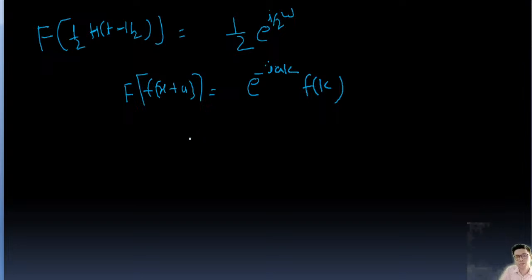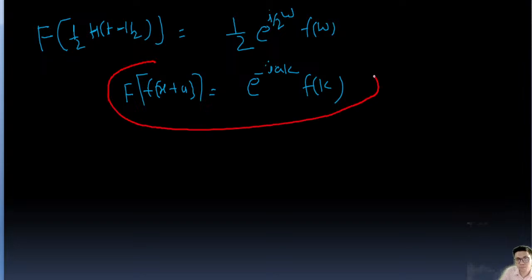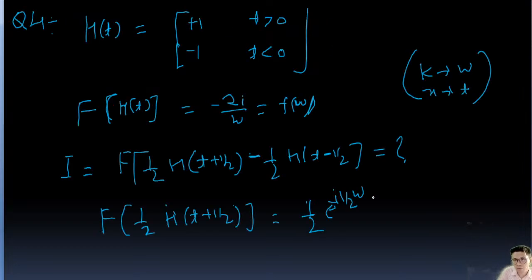This we know. So that property we are using. This is the shifting property we are utilizing. So this is omega, and here is also omega, F(omega).